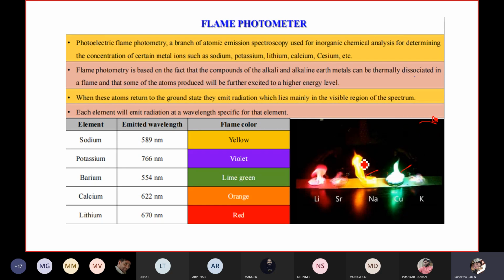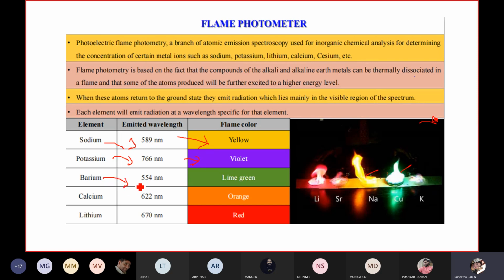To measure the intensity of that particular color, we use this flame photometer to measure the intensity of the colored flame. For example, sodium at 580 nanometer wavelength gives yellow color. Potassium at 766 nanometer gives violet color.